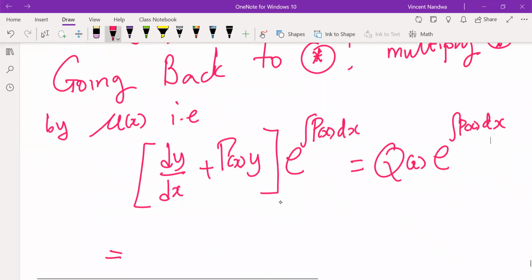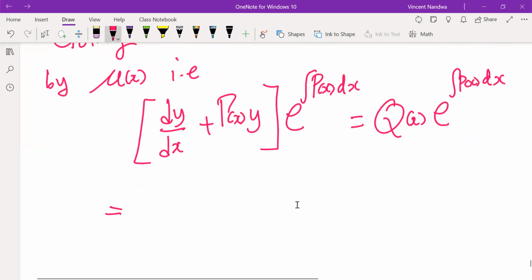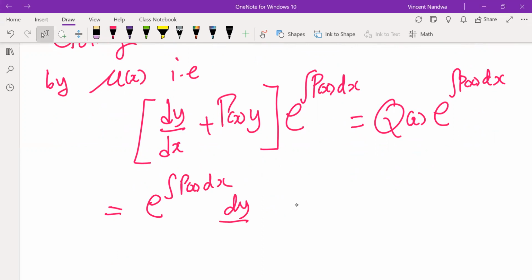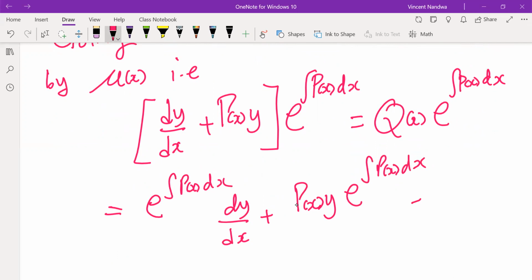This will give e raised power the integral of p of x dx times dy/dx plus p of x y e raised power integral of p of x dx equals q of x e raised power integral of p of x dx.